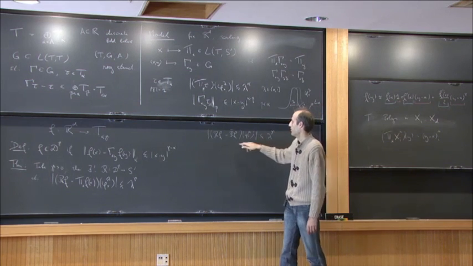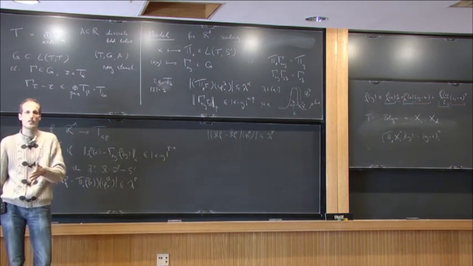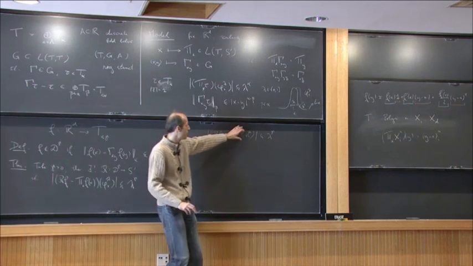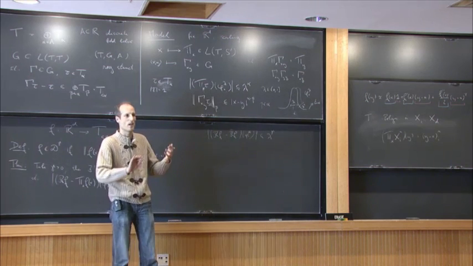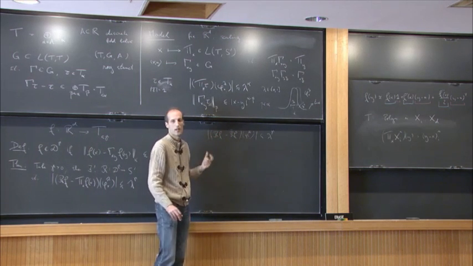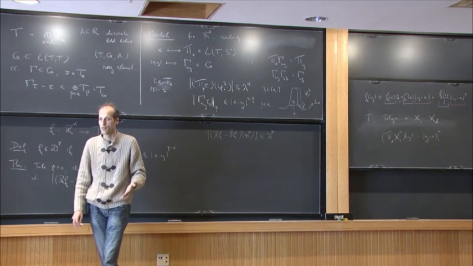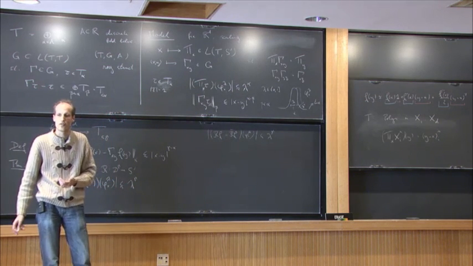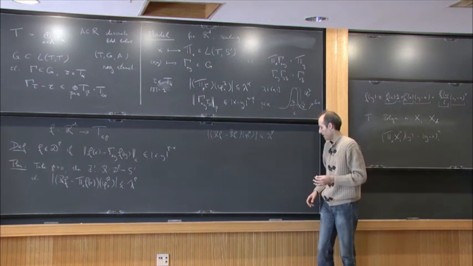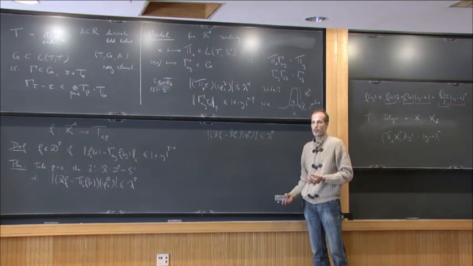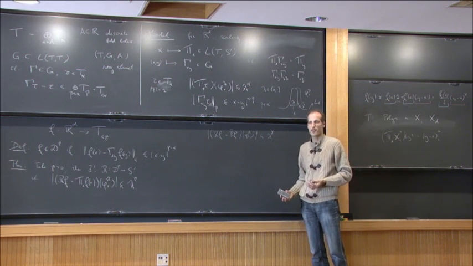And so you can just play around with testing against an arbitrary test function and viewing this as a mollifier for your arbitrary test function, and you see that this guy minus that guy tested against an arbitrary test function has to be 0. Therefore it has to be the 0 distribution. So the uniqueness is essentially trivial, and the thing which is highly non-trivial is the existence. It's not at all clear in principle that such a guy exists.